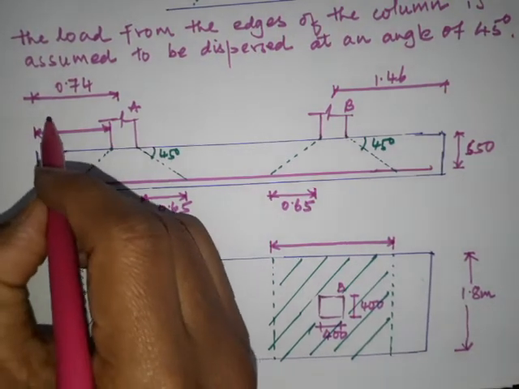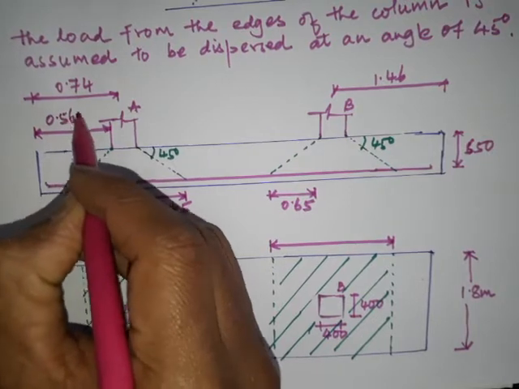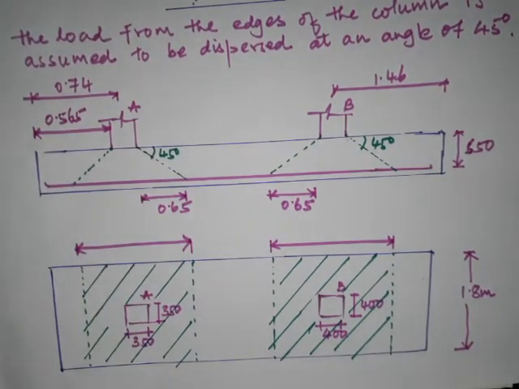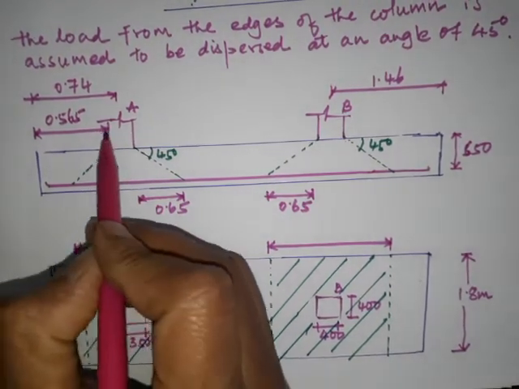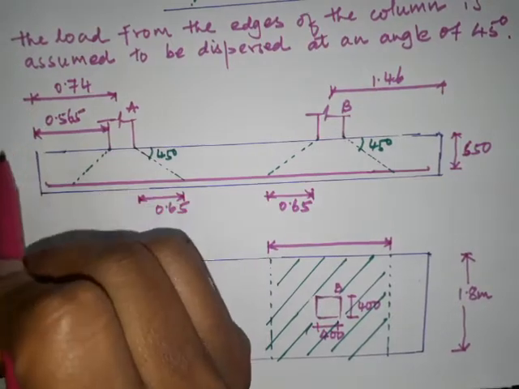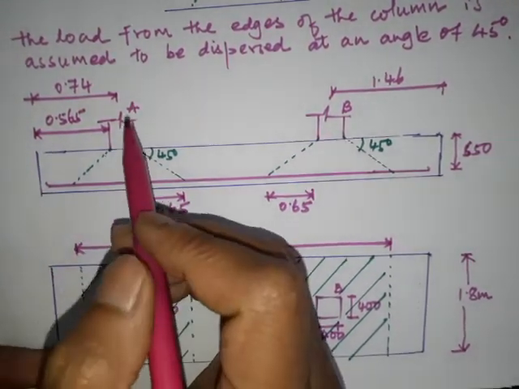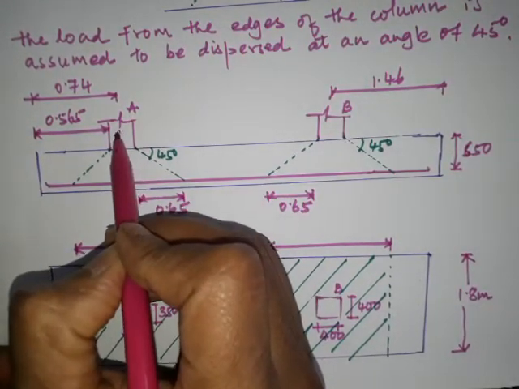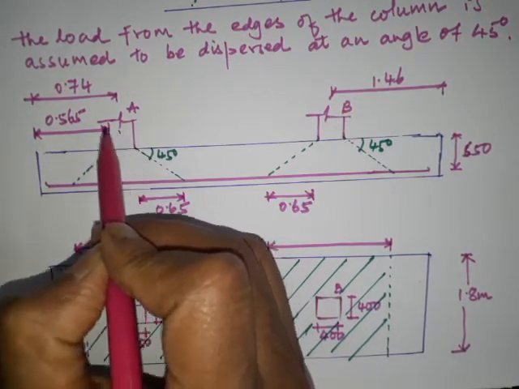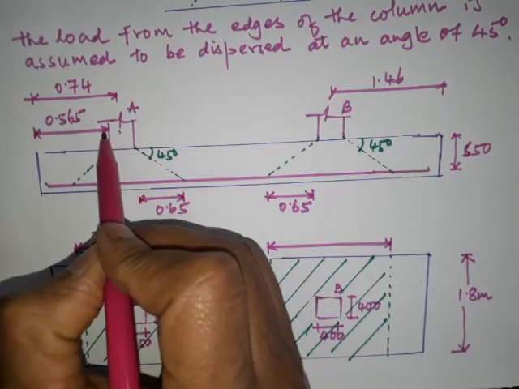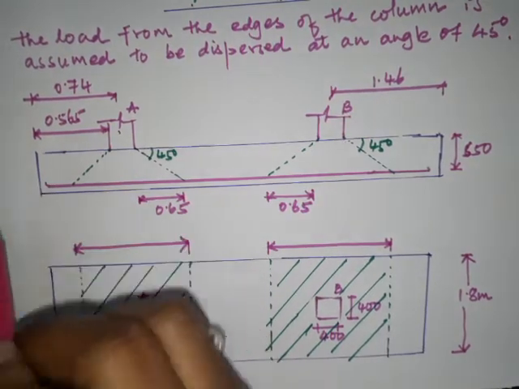Okay, so this will be 0.565, understood? So this distance is, total is 0.74, it is from the center, so you have to deduct again half of the column width, so we get 0.74 minus 0.35 by 2, so we get 0.565.